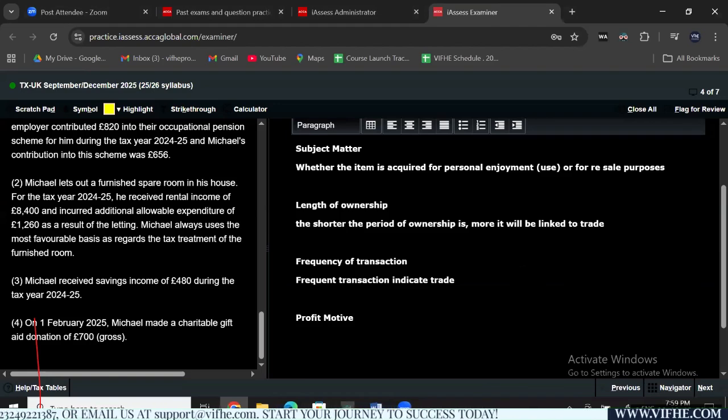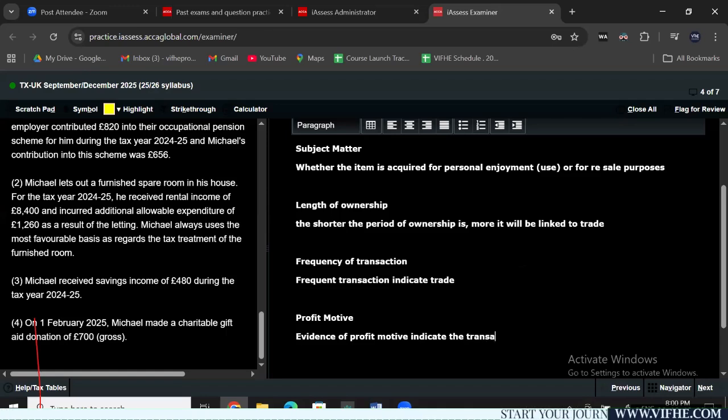So I would say that evidence of profit motive indicates the transaction to be treated as trade, right?